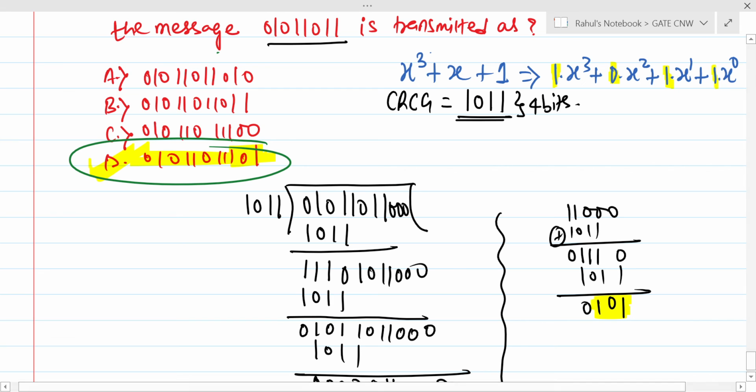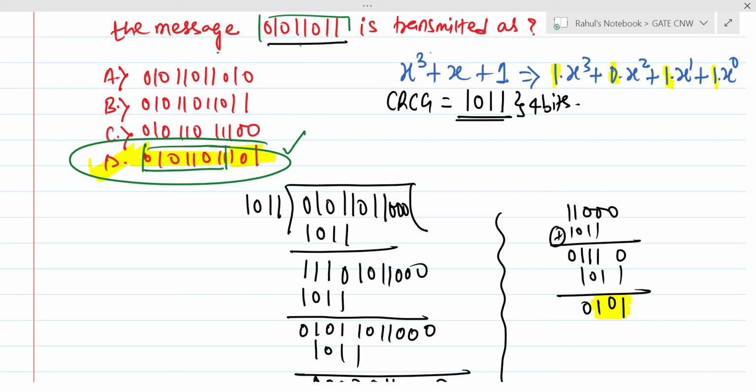Which the sender is going to send from the sender side, and the receiver is going to receive the correct message. So 0 1 0 1 1 0 1 1 is the original data bits. As you can see, this part is our original data, and we are adding these 3 appended bits as CRC bits.